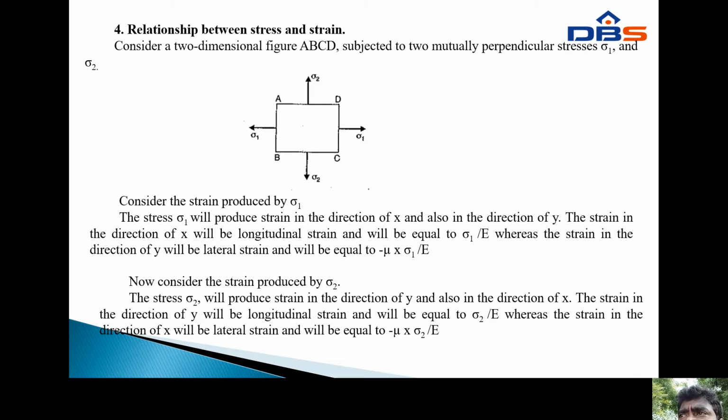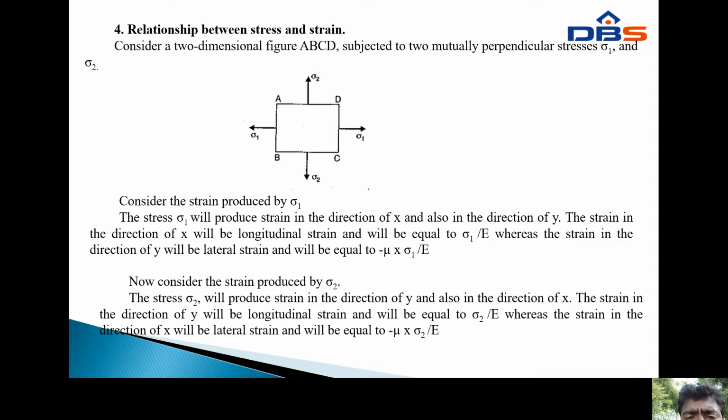This is from Hooke's law: stress is directly proportional to strain, stress by strain equals E. The strain in the direction of y will be lateral strain and will be equal to minus mu into sigma 1 by E.